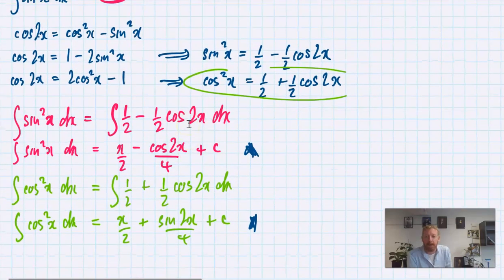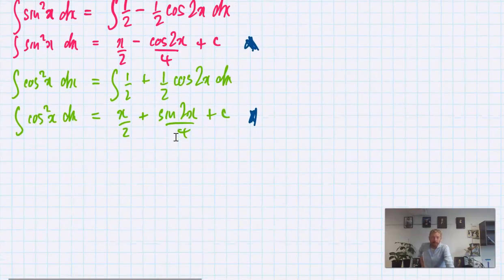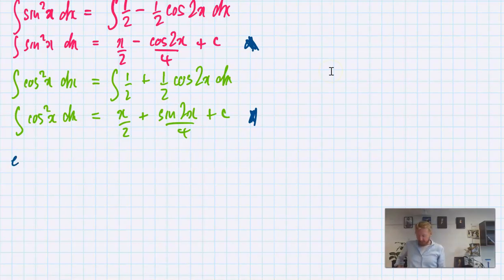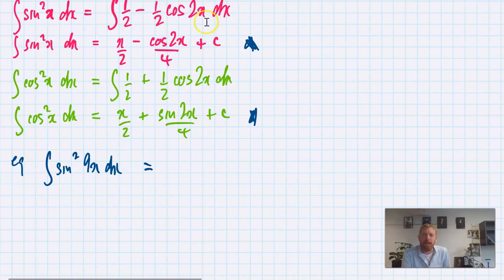Okay, we're just building up. So that's about it. I'll just do some quick examples. Let's find the integral of sine squared 9x dx. Okay, you don't have to go through the whole proof. You can obviously just look at this. It's a tricky one to remember, but here, instead of x, just be careful that this might change.